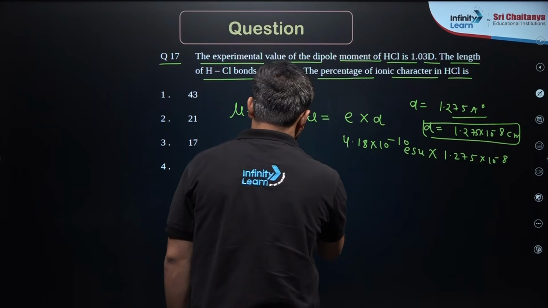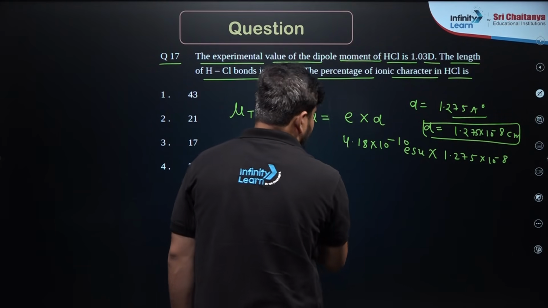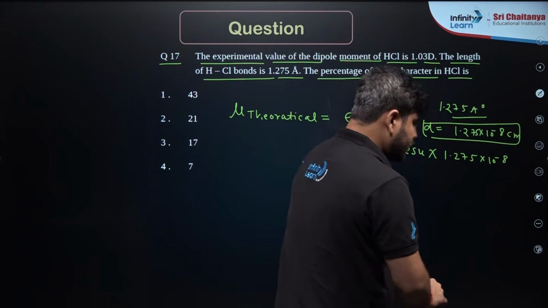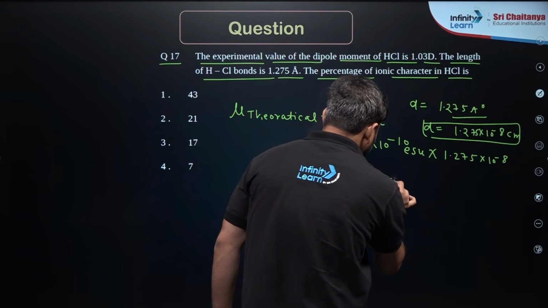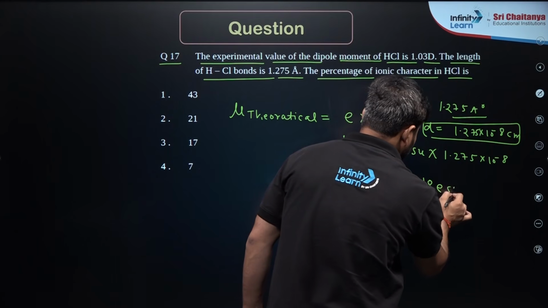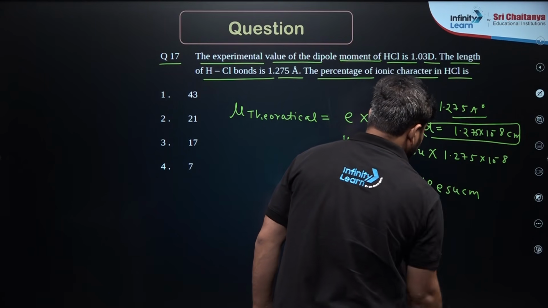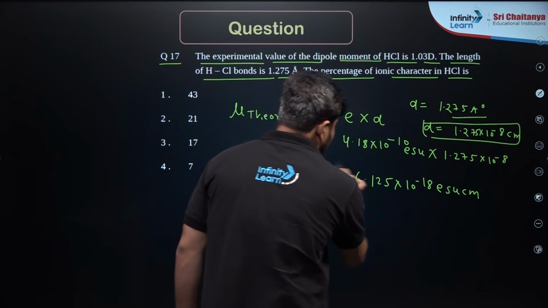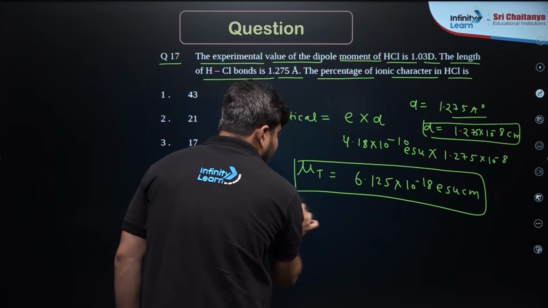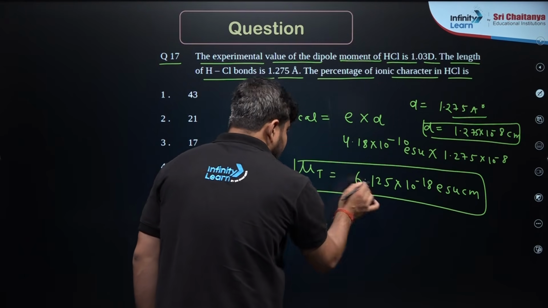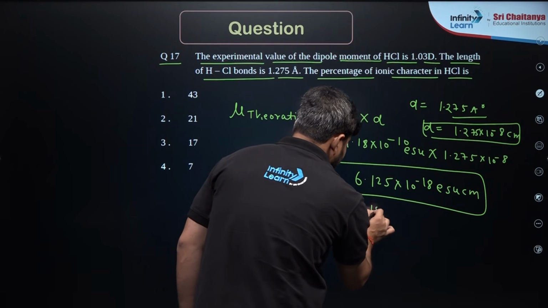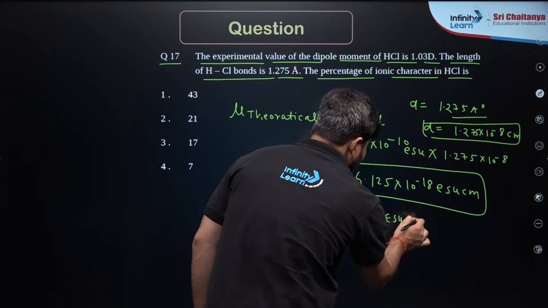If we are solving, mu theoretical will come 6.125 into 10 to the power minus 18 ESU centimeter. We know 1 D equals 10 to the power minus 18 ESU centimeter, correct or not?